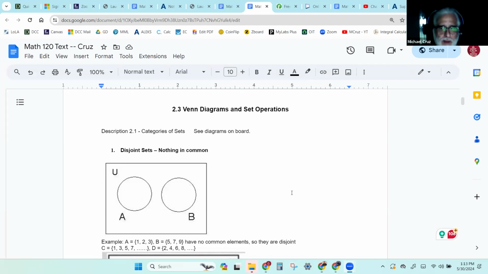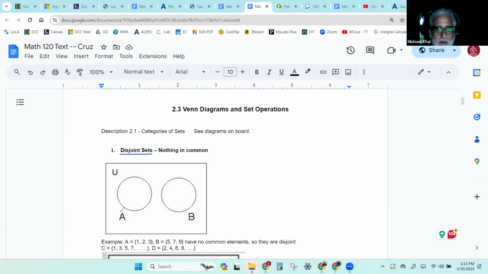Now, what this right here gives us is 4 different categories of how sets can be aligned with one another. The first is what we call disjoint sets. Disjoint sets have nothing in common.